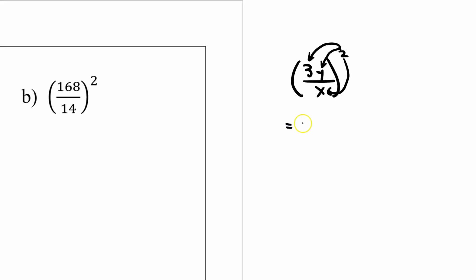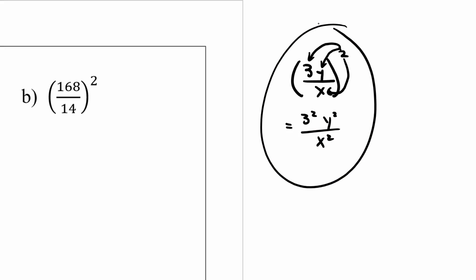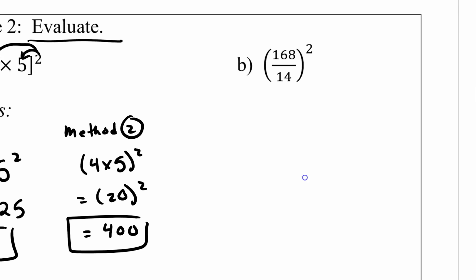So then that would be 3 squared times y squared over x squared. So this right here is the biggest takeaway. That's totally a side note. This is a grade 10 question, but I just wanted to show you what you're actually shooting for here.